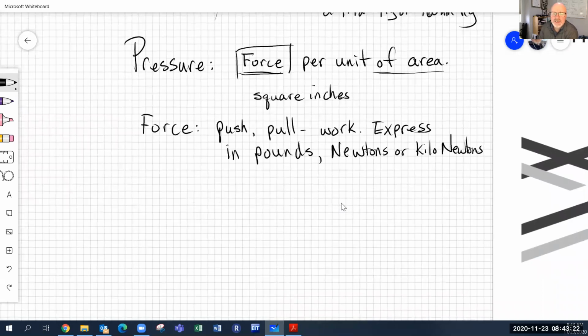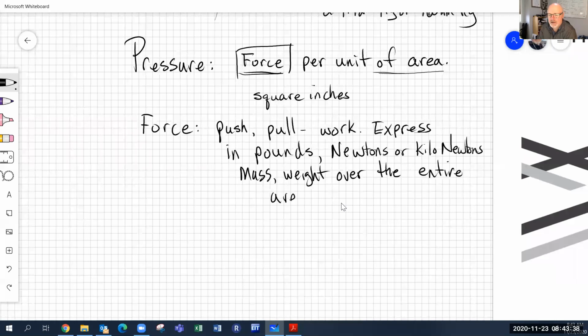So force is actually the mass, or sometimes called the weight, over the entire area. And we'll talk about force at length and probably on Wednesday. So that's what force is as compared to the pressure.